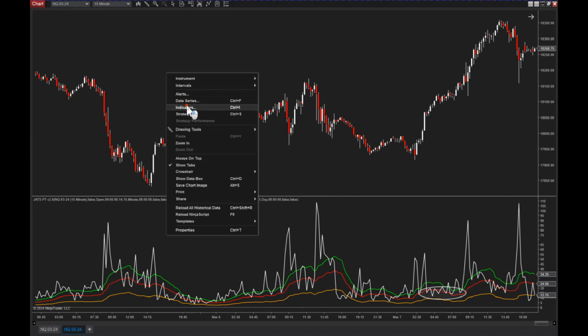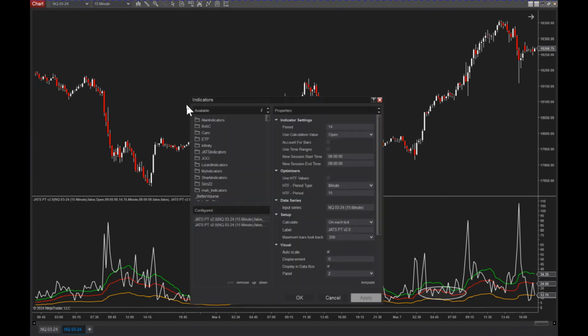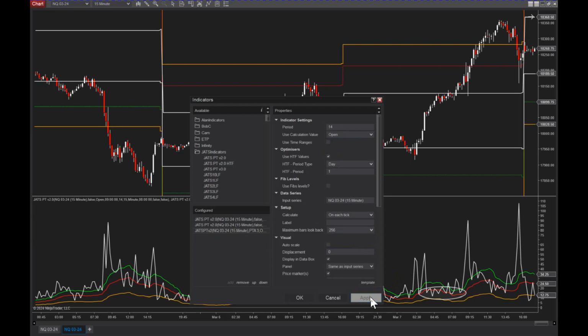For the top part of the indicator, we can put the daily. So I have PT3 is the daily. I can set it to daily 1 period open or close and hit apply, and I'll be able to add fibs if I want outside the distribution.